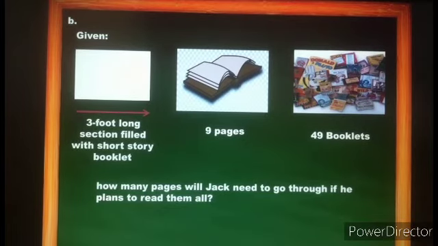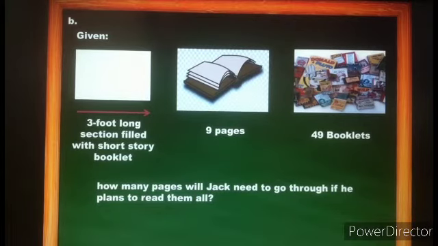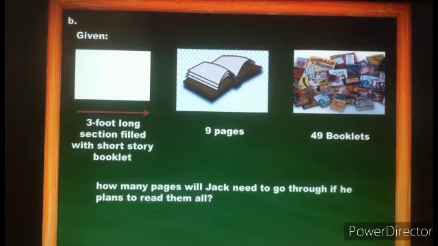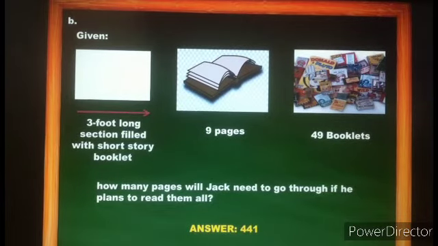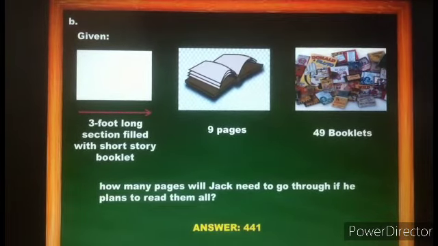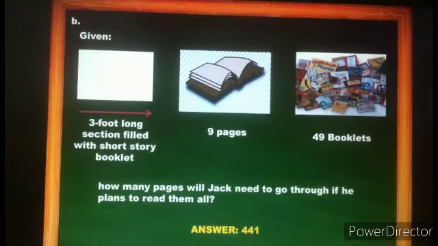So write down your answer. If your answer is 441 pages all in all, as we multiply the 9 pages in each booklet, you're correct. Let's move on to the next problem.